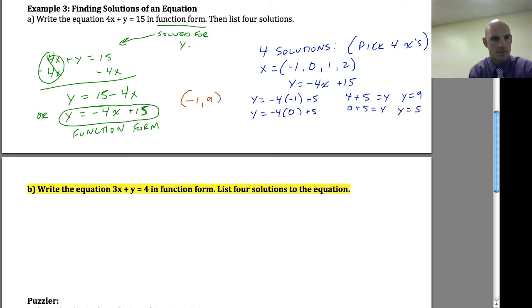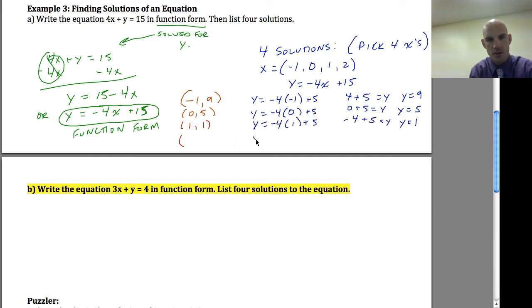Second ordered pair is going to be 0, 15. Let's do another one. y equals negative 4 times 1 plus 15. So that's going to be negative 4 plus 15 equals y. y equals 11. You see how this is going? So my ordered pair is going to be 1, 11.